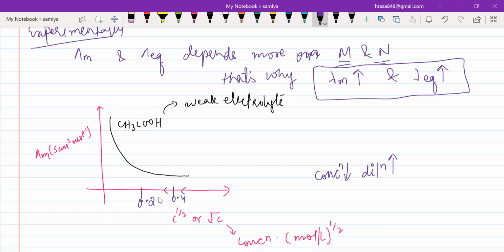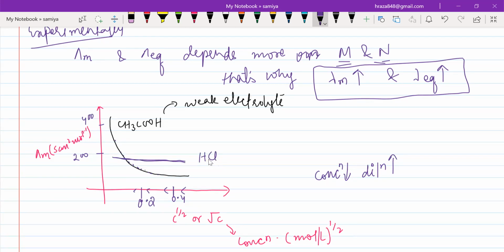When you are going from right to left, you can see molar conductivity increases. This is the graph for a weak electrolyte. In the same way, if you plot the graph for a strong electrolyte, it will be a straight line.